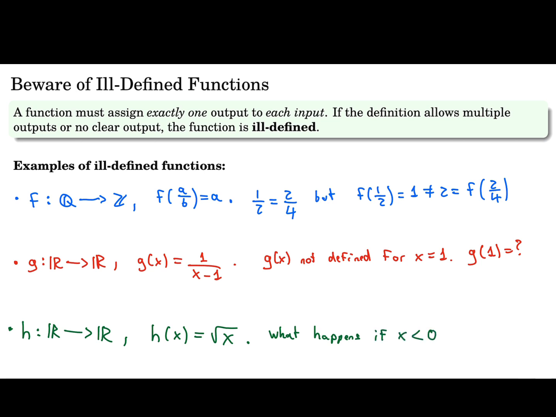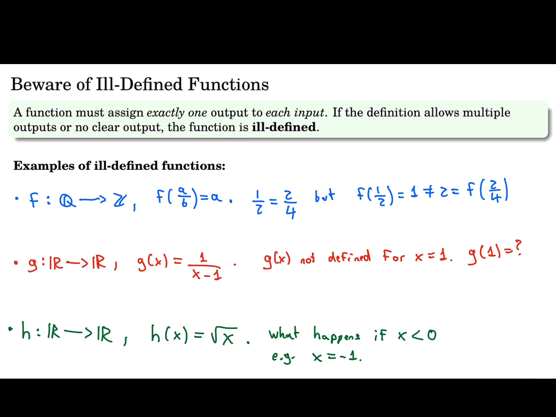For example, x equal to minus 1. Square root of minus 1 is not a real number. There are ways of defining that, and you'll work over the complex numbers, but as it is here, square root of minus 1 is not a real number. So there exists at least one element in the domain, one element that you input, and there's no output for it. And so this cannot be a function.